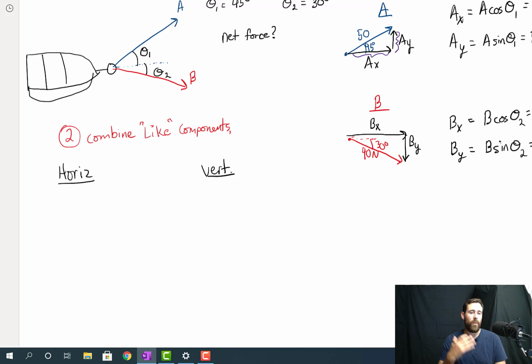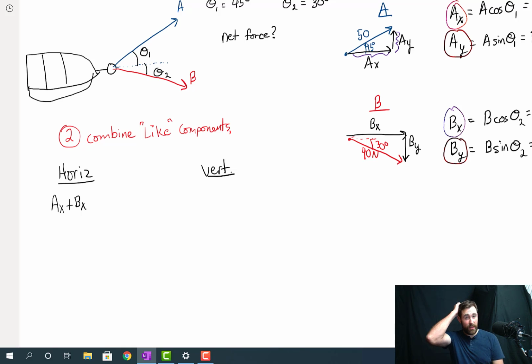So if I think about it, what are my horizontal components here? My horizontal components are AX and BX. So I'm going to add those two together. So I'm going to put AX and BX together under my horizontal. If I think about my vertical ones, my vertical components are BY and AY. Now, I do have to be a little careful here.